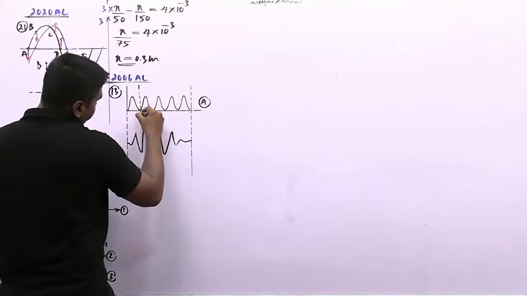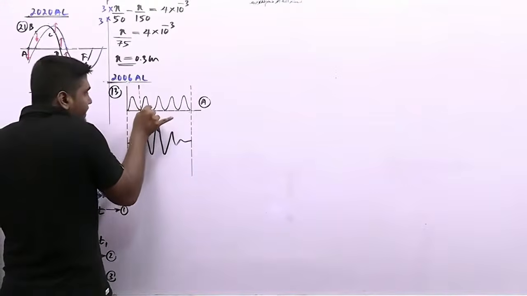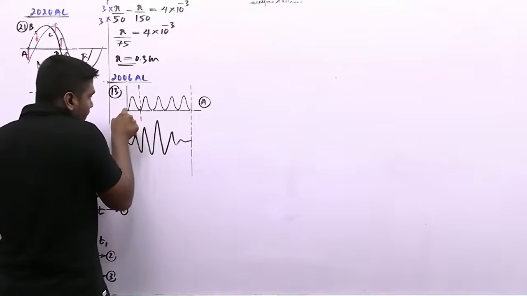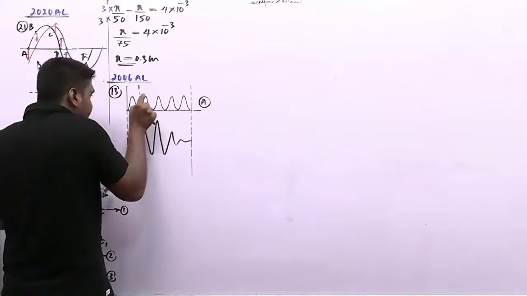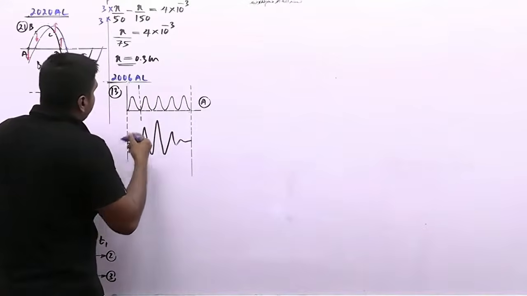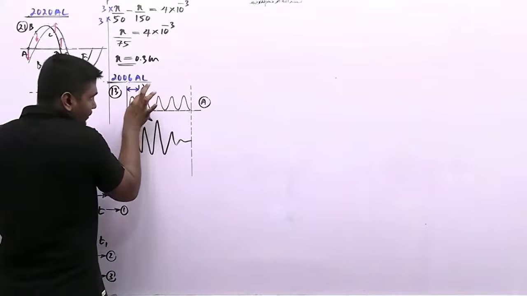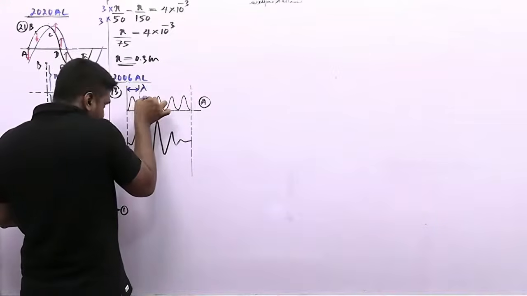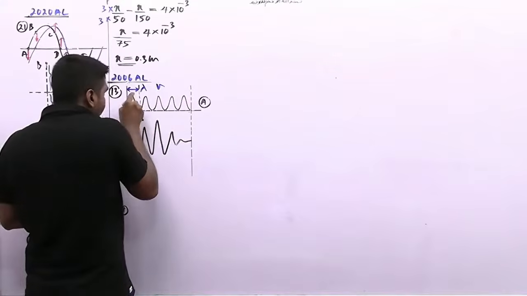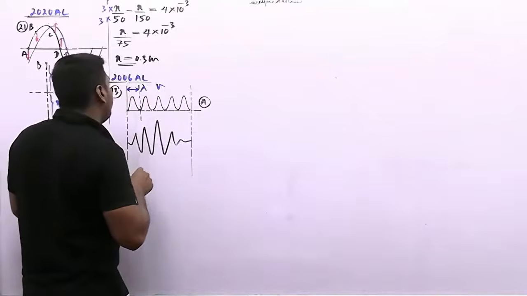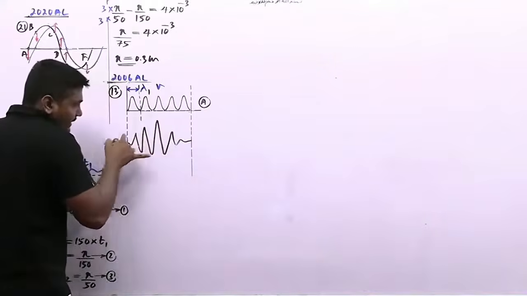This waveform is repeating continuously, so we can take this as the wavelength of this sound. Frequency 50. Let's say the speed of the sound is V. The wavelength is lambda 1. Then what is the second diagram?